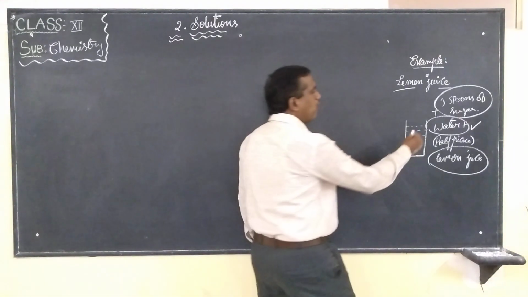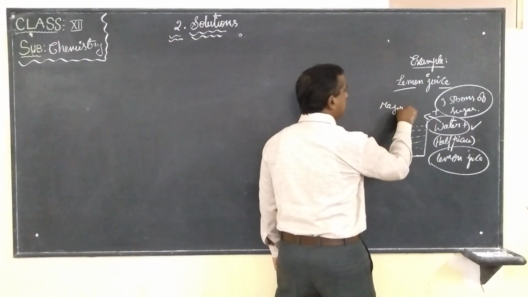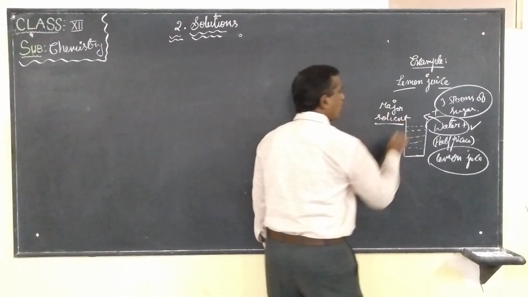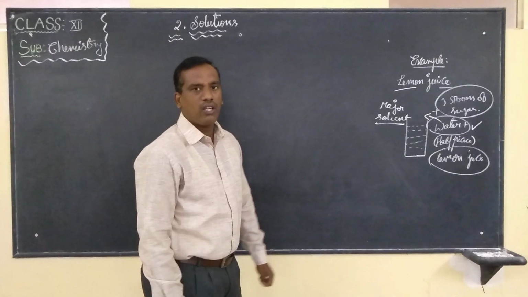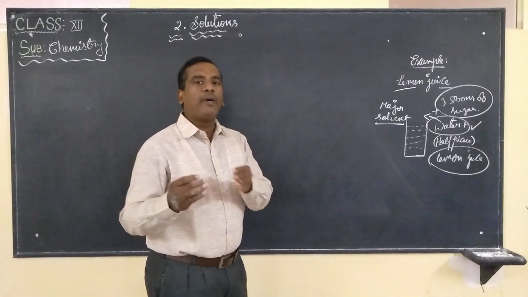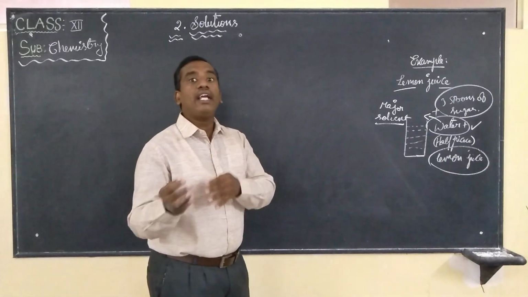Here I want to give a new word for the major part involved, that is called the solvent. What do we call the solvent? The major component used in preparing a solution.